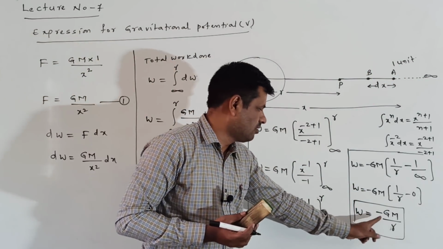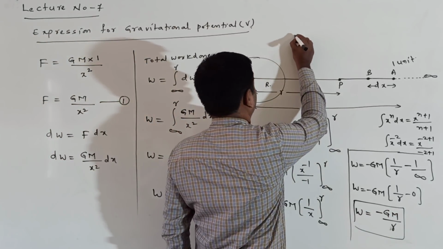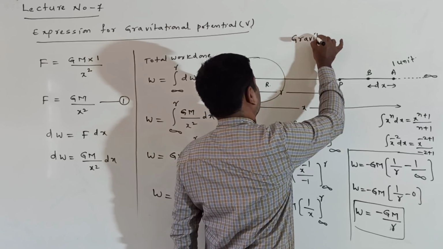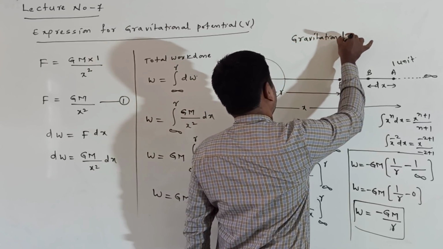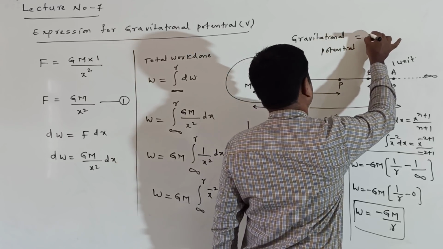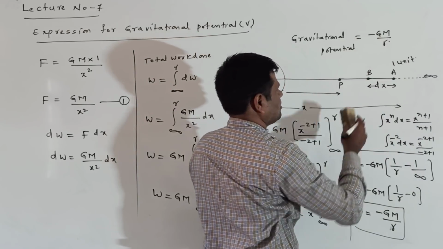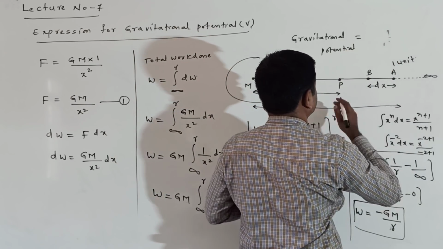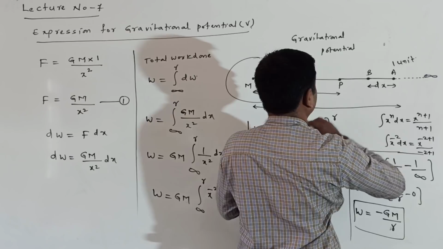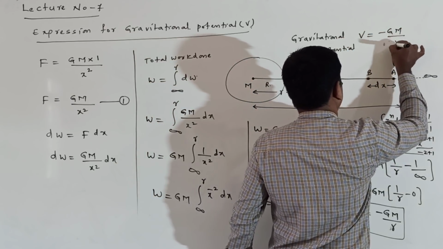That work done is equal to minus GM by R. This work done is called gravitational potential. So the gravitational potential formula can be written as minus GM by R, denoted with V. Here gravitational potential V equals minus GM by r.